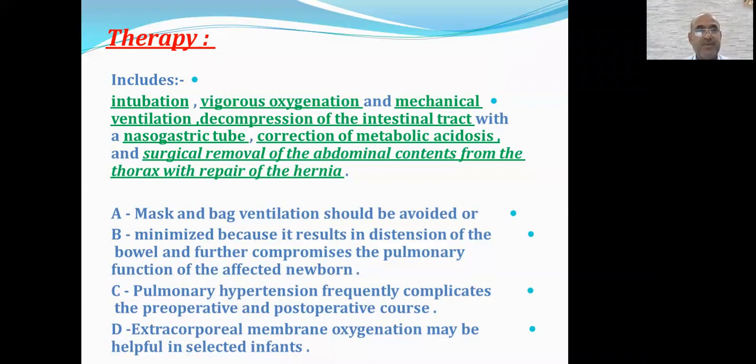Here, you can intubate, with vigorous oxygenation plus mechanical ventilation. Decompress the intestinal tract with a nasogastric tube.